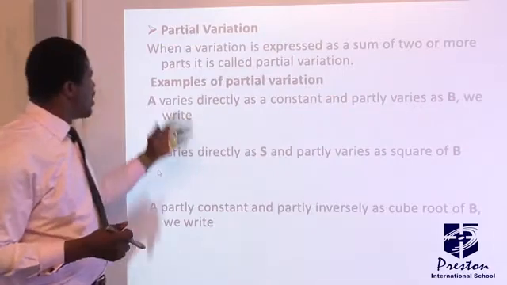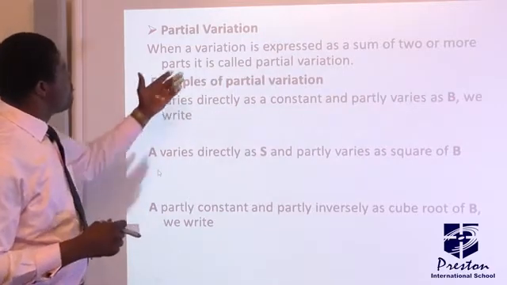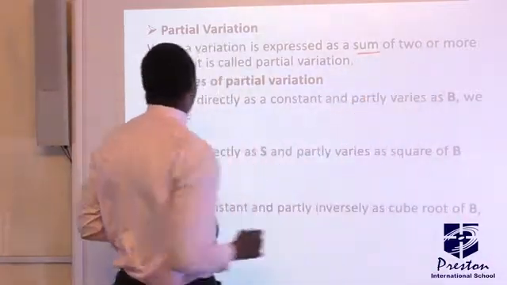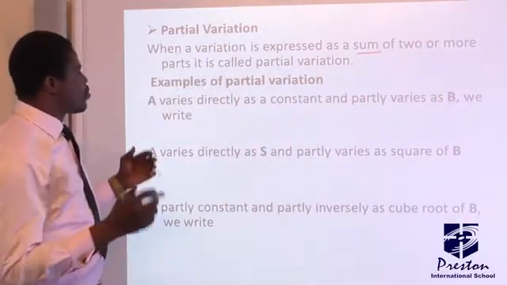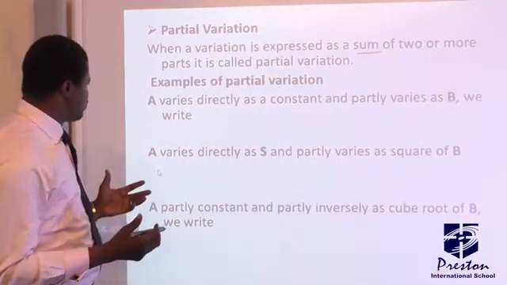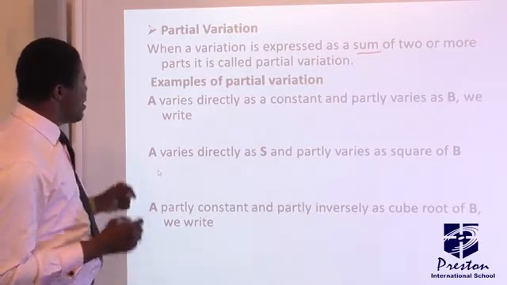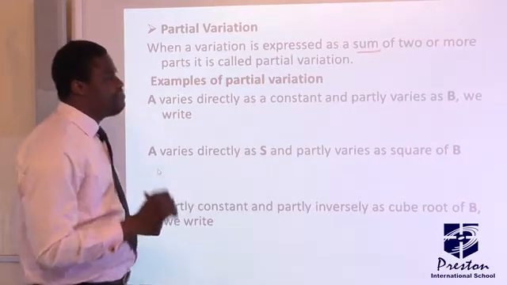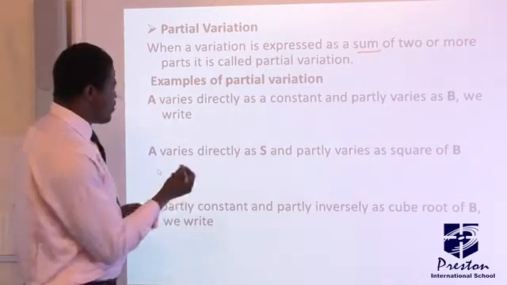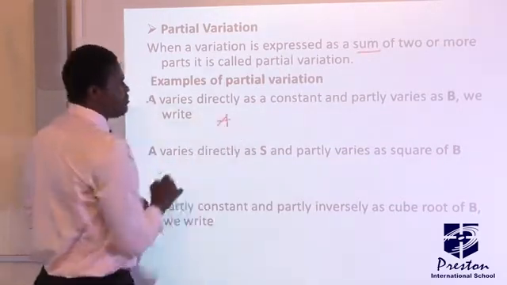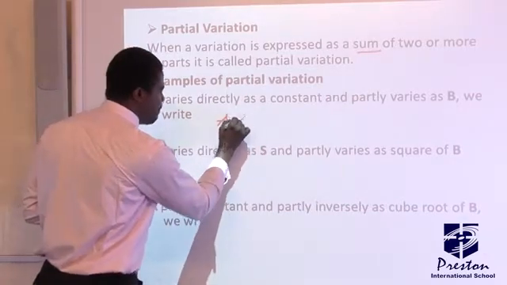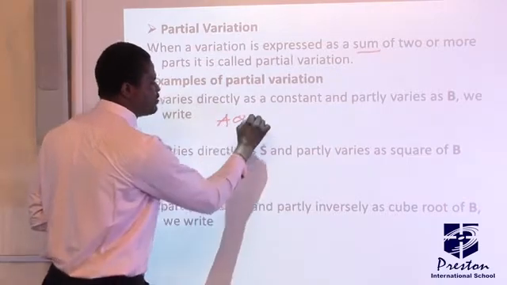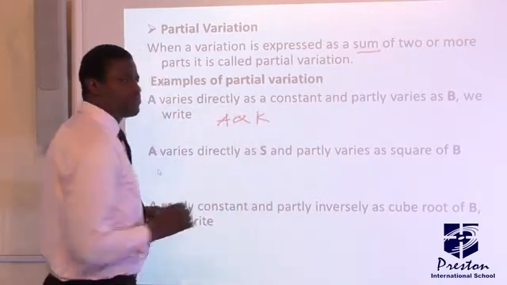Finally, we have partial variation. When the variation is expressed as a sum of two or more parts, it is called partial variation. For this example, A varies directly as a constant and partly varies as B. We write it as A directly proportional or varies as a constant, which is constant k.